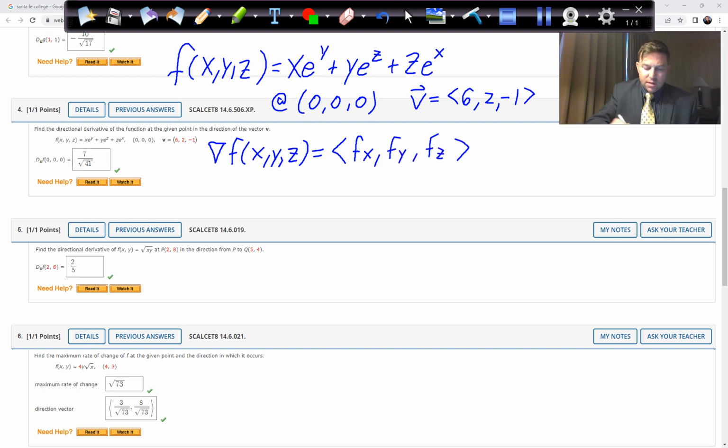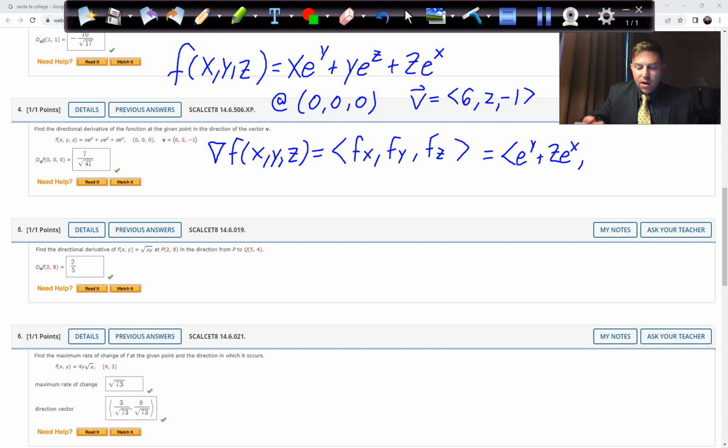If we look at this equation for x, x e^y is the only term that's going to stick around. x e^y, y is a constant, and x is going to become 1, so this is going to be e^y. Then the other term that has an x in it is z e^x. Well, z is now a constant, and the derivative of e^x is just e^x, so this would be plus z e^x.